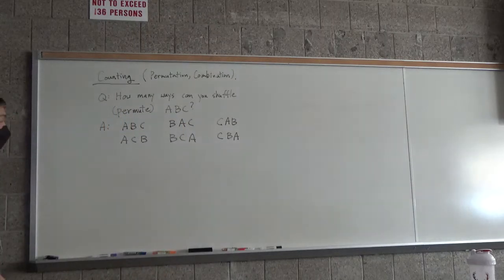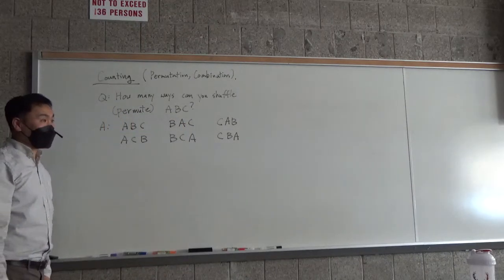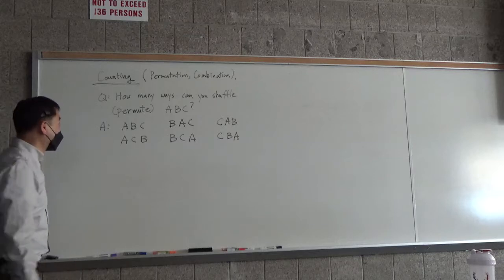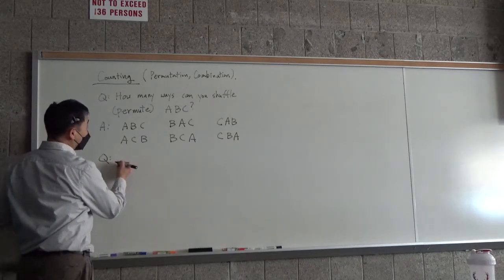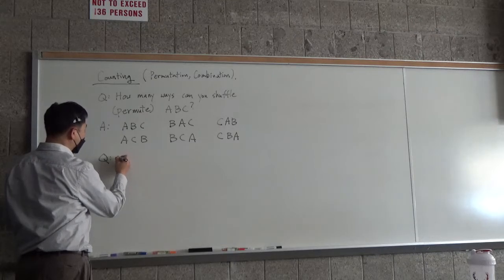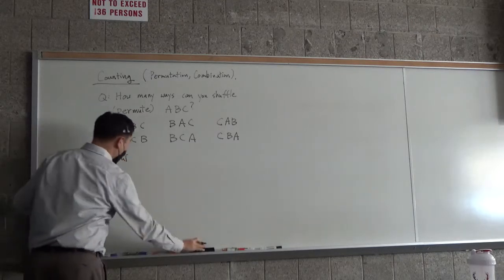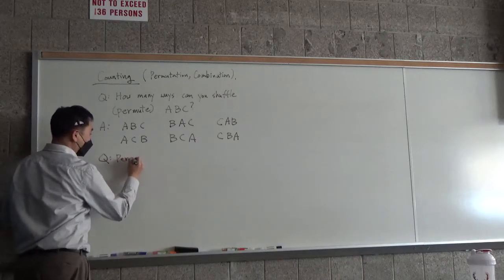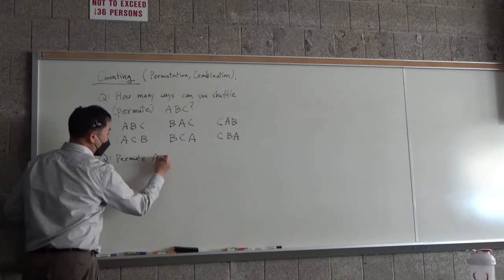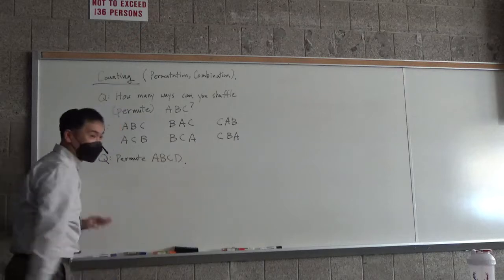Okay. All right. This is important enough that I want you to take time right now to shuffle, or permute, I'll say permute, more mathematical. So permute A, B, C, D. Do it now.